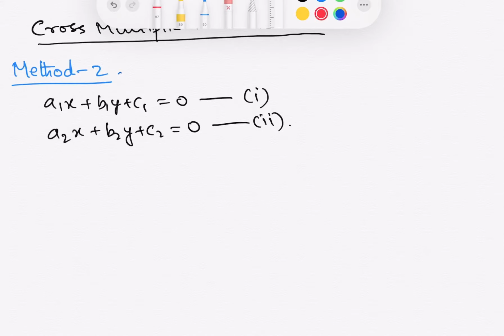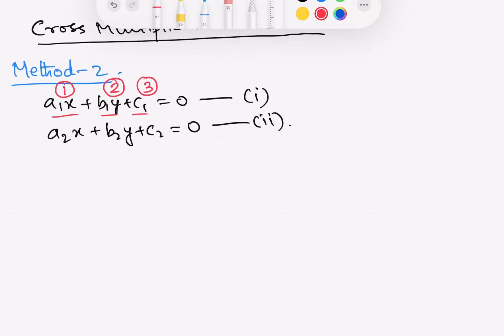Now you see that there are three terms in both equations: first term, second term, third term. You number them: for the first term, x, you write 1, for y you write 2, and for the constant part you write 3.